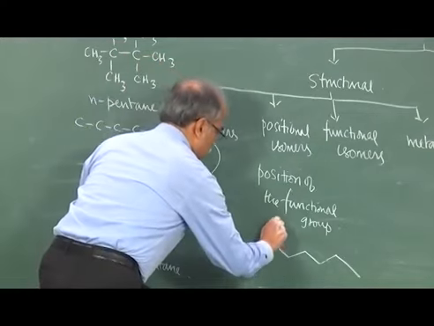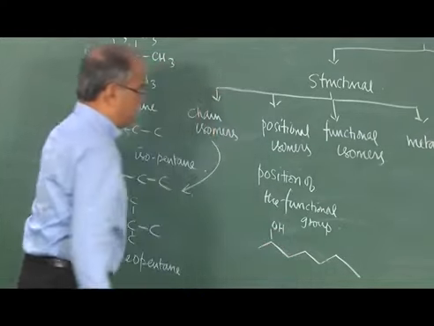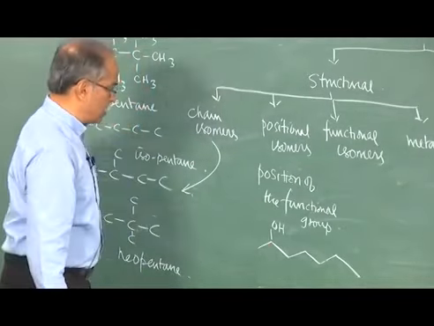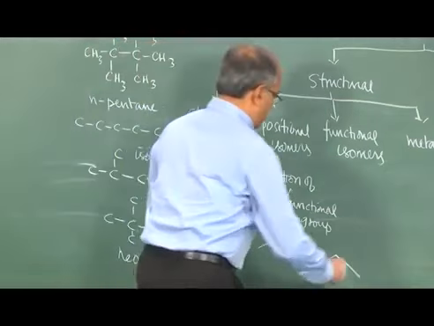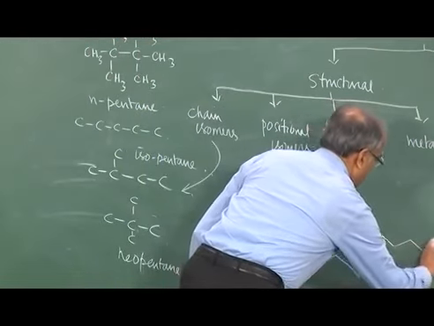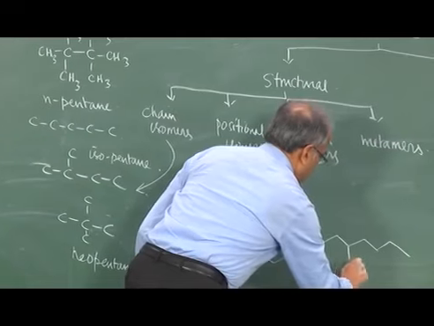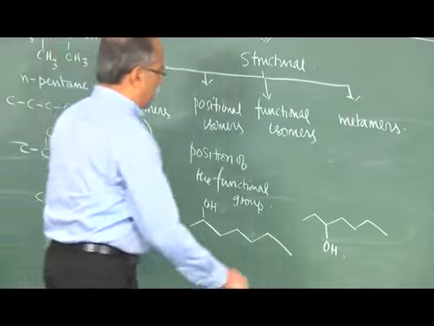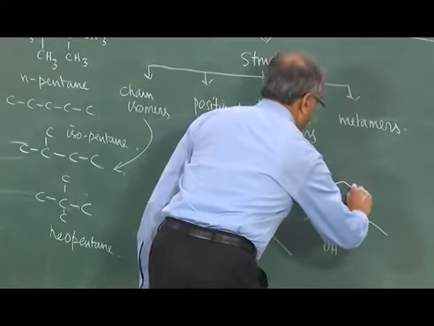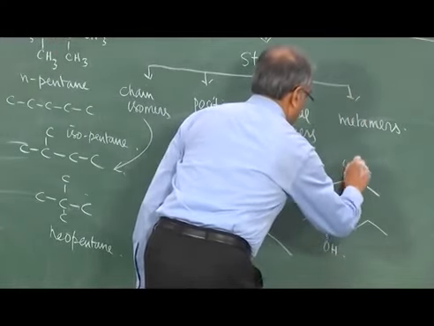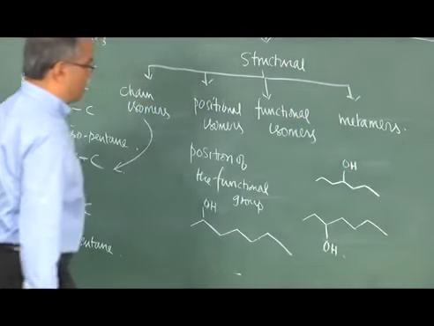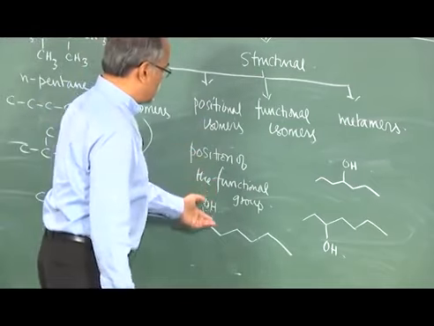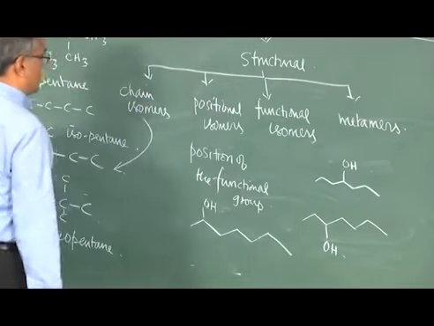If I put a hydroxy functional group here, this will be heptan-2-ol, because the hydroxy functional group is in the 2 position. Suppose I put the hydroxy functional group in this position, this will be heptan-3-ol. I can go to heptan-4-ol also. So, this particular position will be heptan-4-ol. All of these constitute the positional isomers in terms of the position of the functional group present in the system.